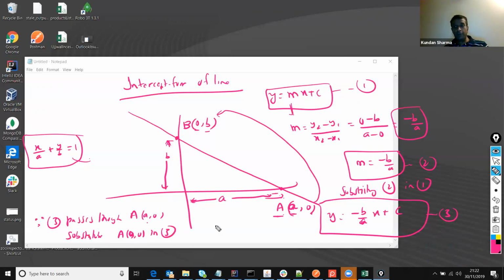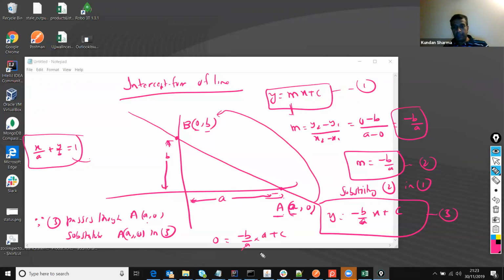Is this clear to you, Apur? Yes. So we'll say the value of y is 0 and x is a. So 0 is equal to minus b by a times a plus c.